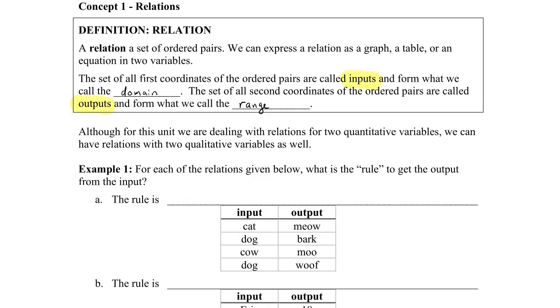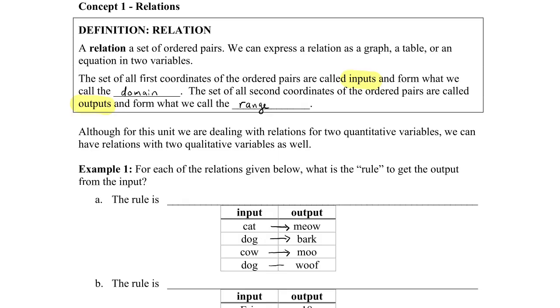When we have a relation, we think of it as corresponding to some sort of a rule. So in this first table, we see the input cat gives us the output meow. The input dog gives us the output bark. The input cow gives us the output moo.